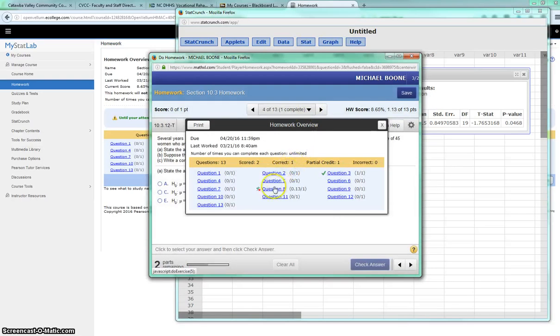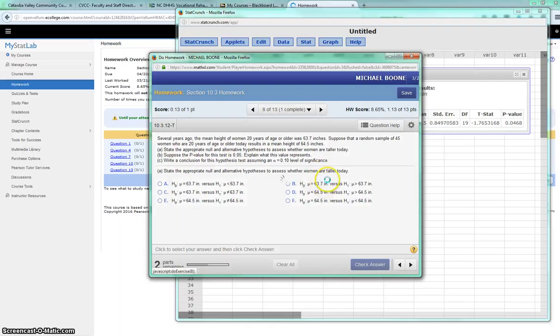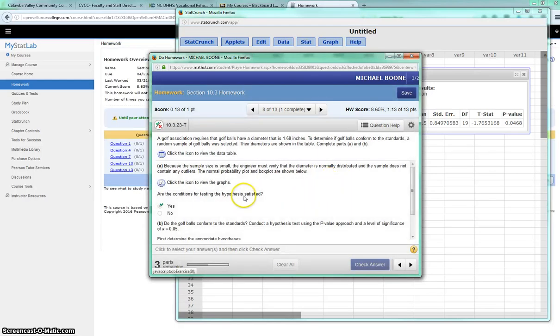Another one to look at, question number 8. First, you have to determine if it's a normal distribution to make sure. Here we're talking about the diameter of golf balls. There's a certain diameter that golf balls have to be. Otherwise, maybe too big a target to hit.